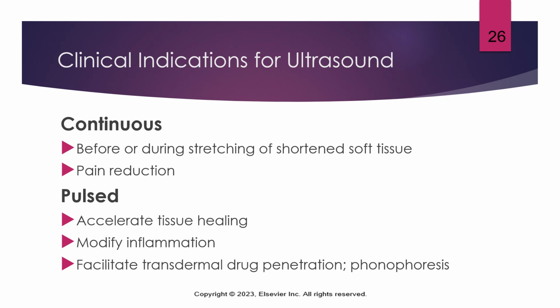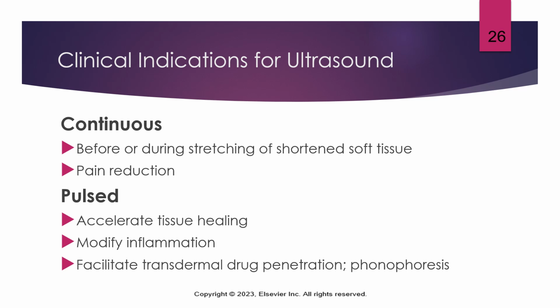So we can modify that inflammatory process by creating cell permeability by using stable cavitation to help modify that cellular process. And with pulsed ultrasound, we can also facilitate transdermal drug penetration via phonophoresis.